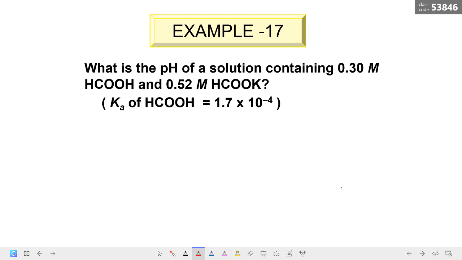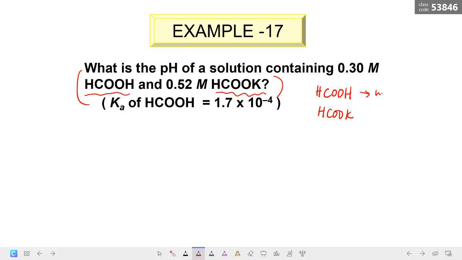Okay, kita lihat satu contoh di sini. What is the pH of a solution containing methanoic acid and potassium methanoate? Jadi, you mesti tahu menentukan adakah mixture dalam solution ini, adakah ini buffer solution ataupun tidak. Yang pertama kita kena tengok komponen. Buffer solution mesti mengandungi weak acid and its salt. Jadi, kalau you lihat, kita ada apa?